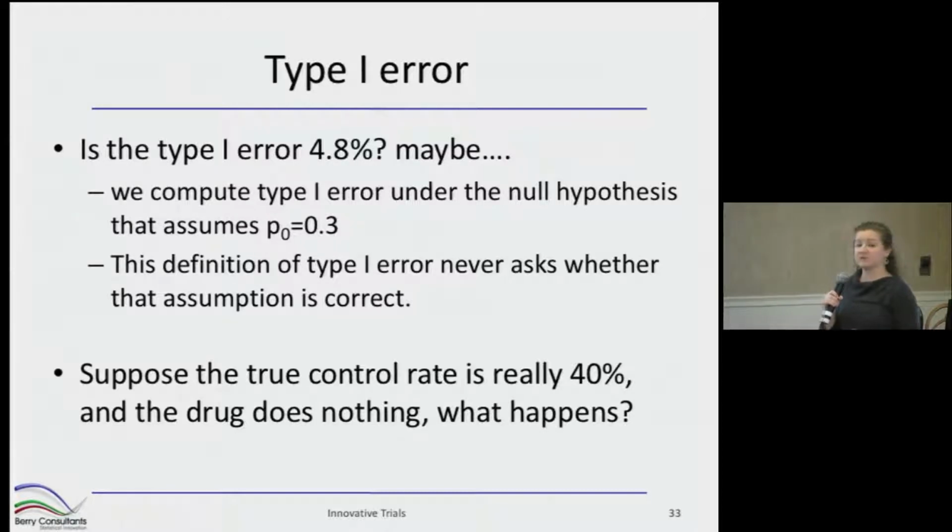So suppose instead that both the treatment and the control arm are both a 40% instead of a 30%. So here again, there's no difference between the control and the treatment. It's a null scenario. But now instead of both being at 30%, they're both at 40%. What happens? Do we think the type 1 error rate is still 5%?